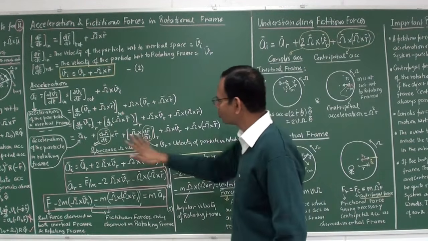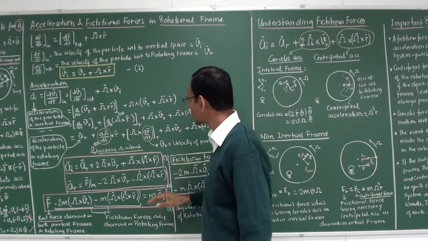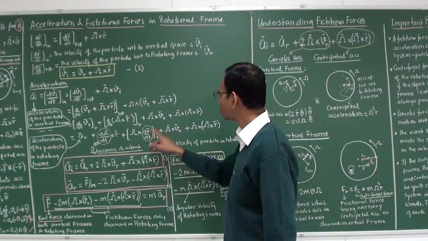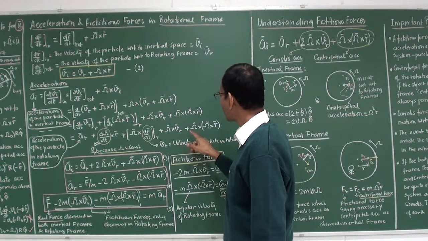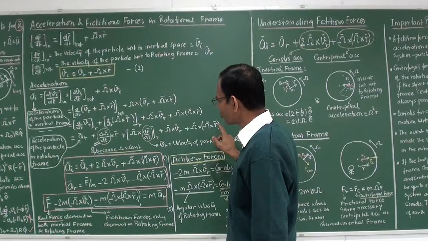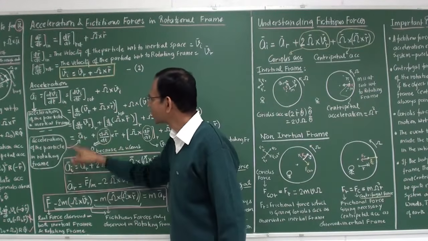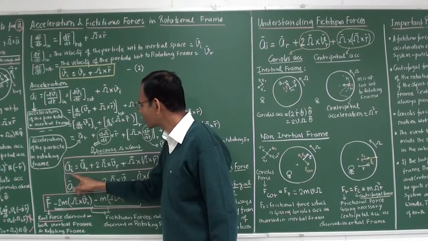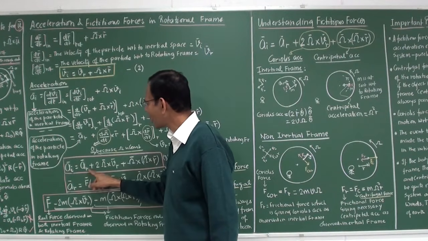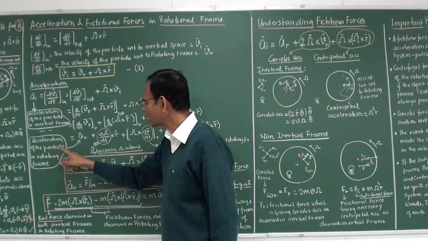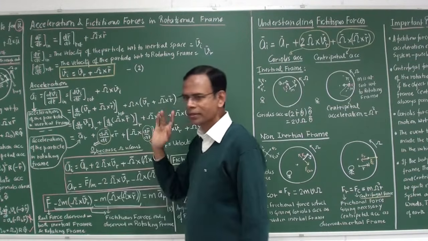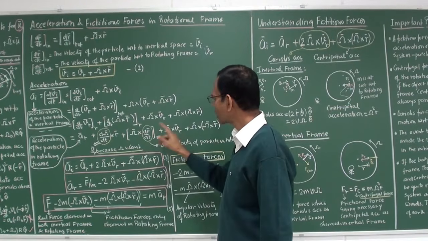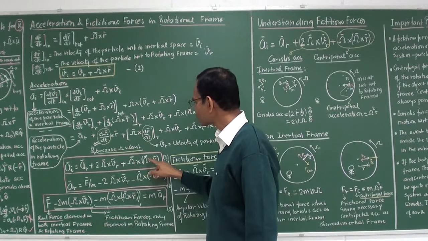Now, if you remove the d omega by dt term, which is 0, this is omega cross vr plus omega cross vr, so 2 omega cross vr, and omega cross omega cross r. Finally, you get ai, the acceleration of the particle in the inertial frame, equal to ar, the acceleration of the particle in the rotating frame, plus 2 omega cross vr plus omega cross omega cross r.